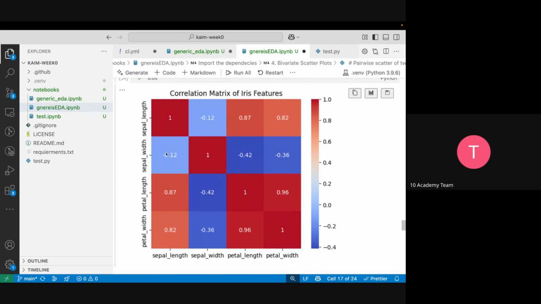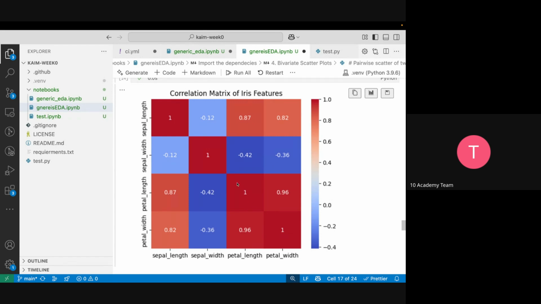But you can also see here that the sepal lengths and the sepal widths actually have a negative correlation, as well as the sepal widths and the petal widths also have a negative relationship.